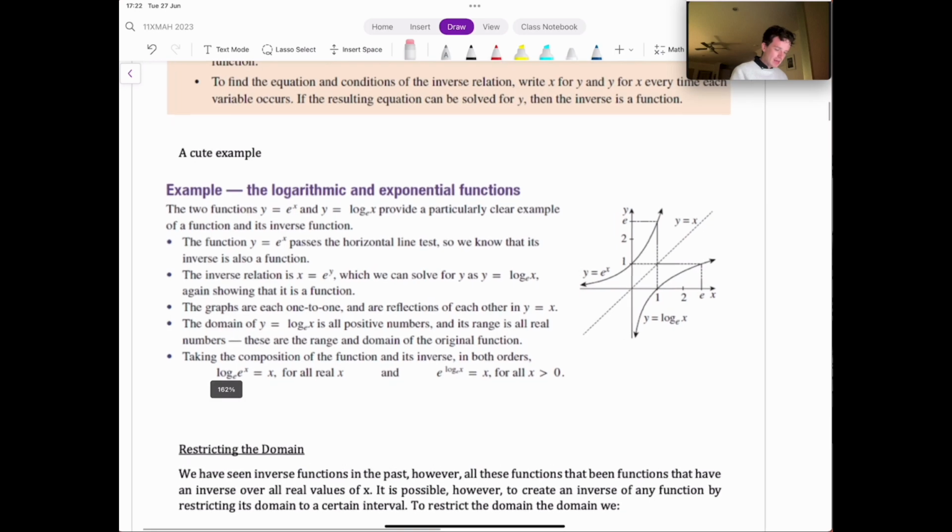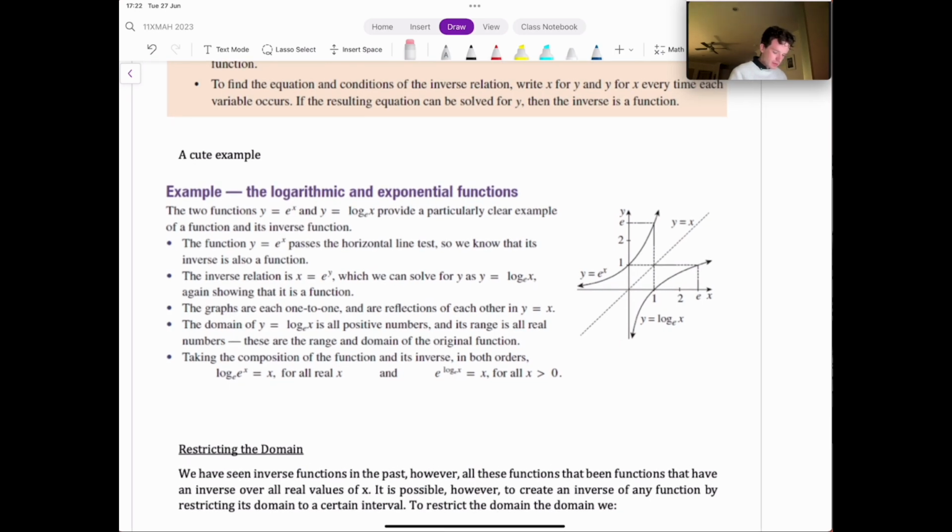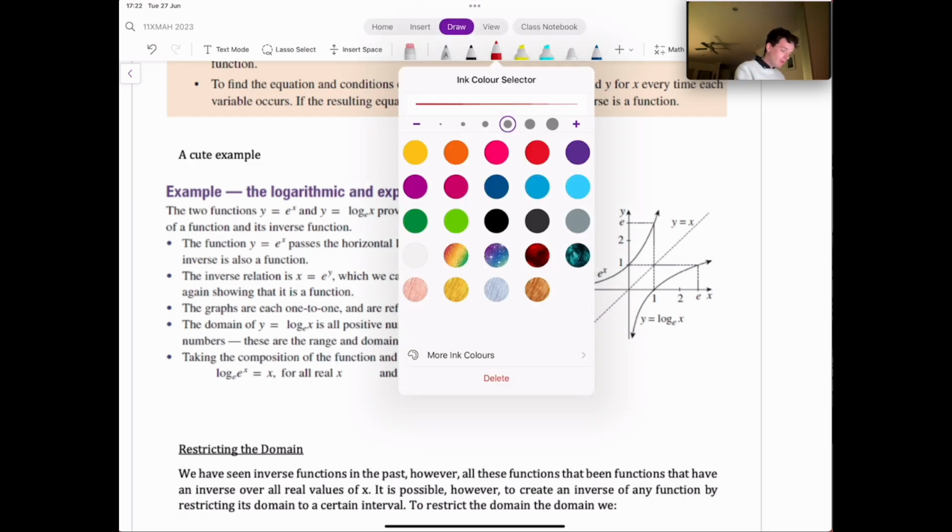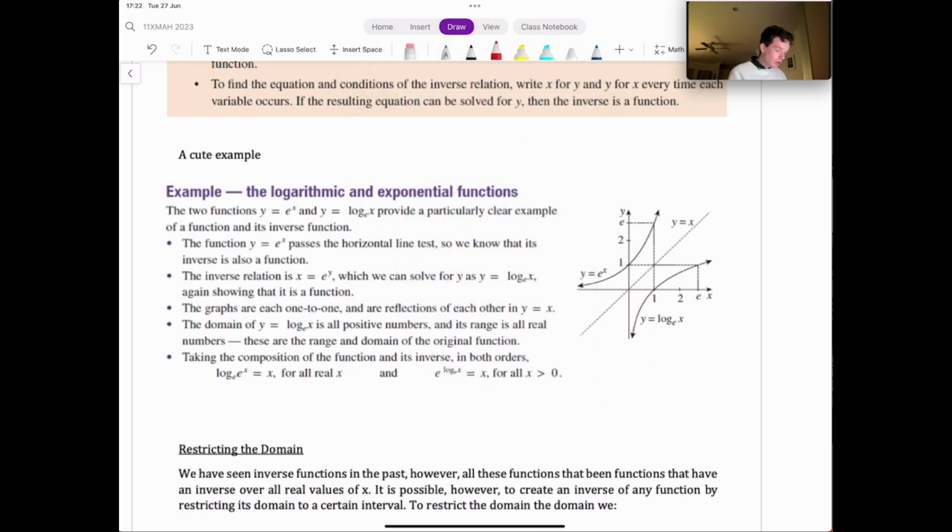A cute little example of taking inverse functions. If you've got the graph of y equals e to the power of x, where e is a special number that we'll learn about later, called Euler's number, and we reflect that upon the line y equals x, we get y equals ln x, which is actually a log function, log base e, and it's the inverse of e to the power of x.